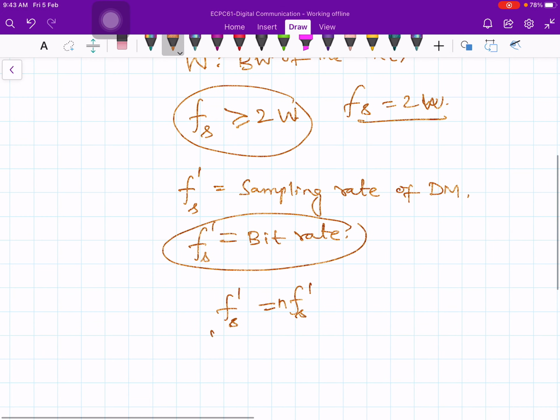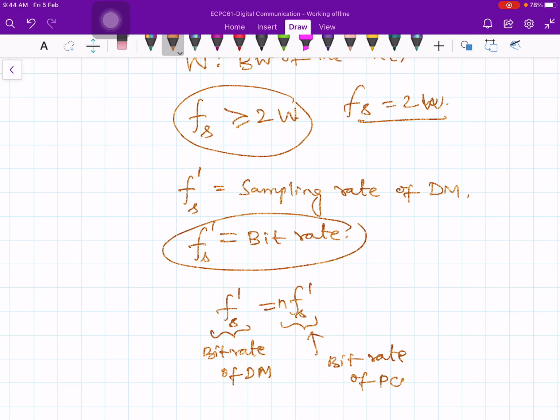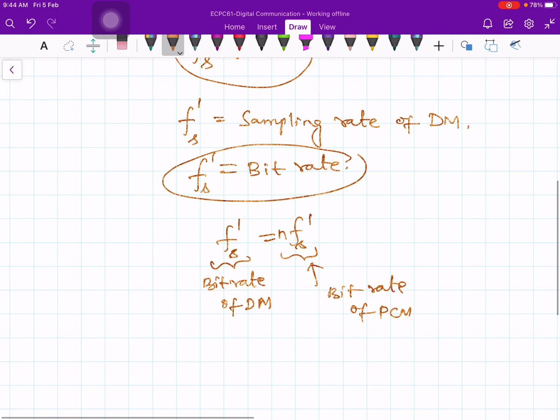This is the bit rate of delta modulator, and this is the bit rate of pulse code modulation. If they are not equal, then you cannot compare. So the comparison is done on the basis of equal or same bandwidth.